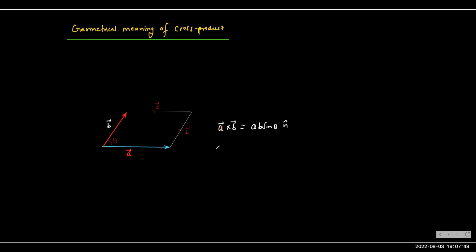Okay, so right now focus on A cross B itself. And that will be only AB sin theta. The n cap becomes 1. Okay. Now, if you look at this as only a parallelogram, don't see this as vectors, only a parallelogram. Let me draw it separately.